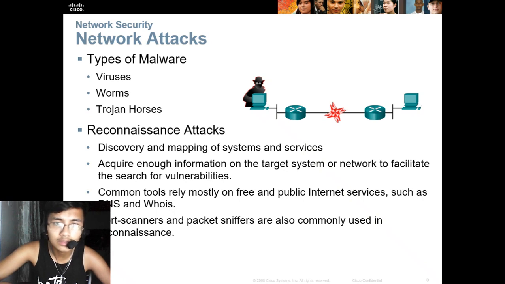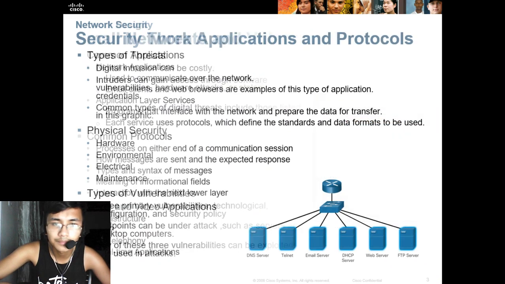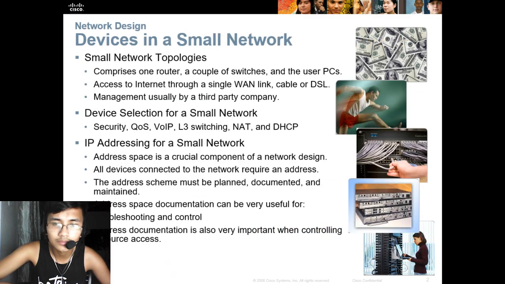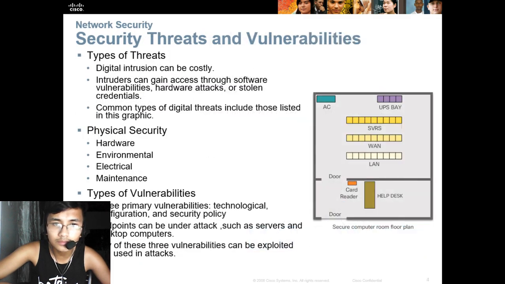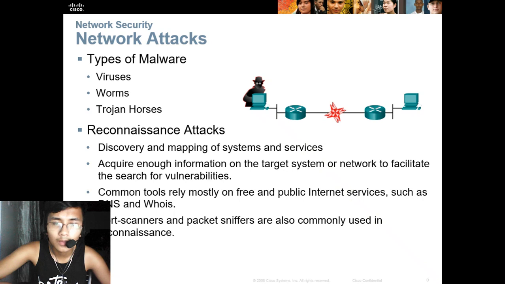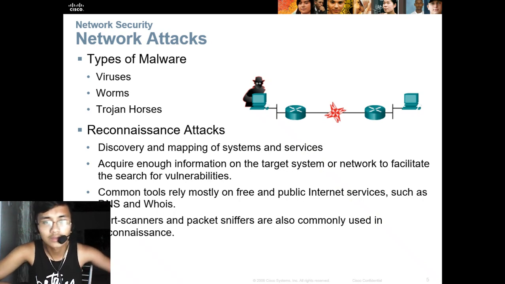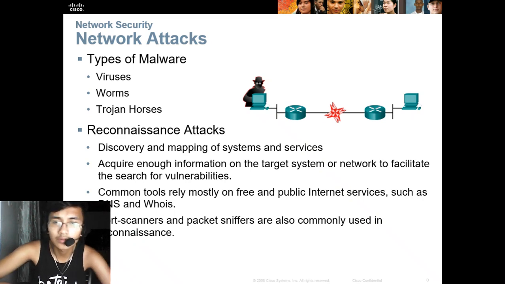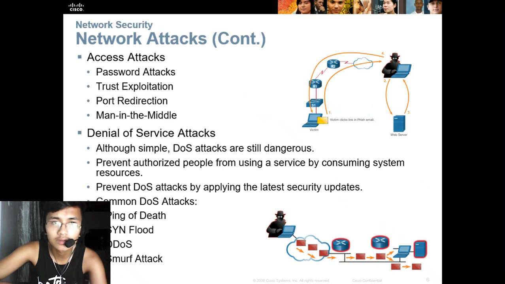Reconnaissance attacks: discovery and mapping of systems and services, to acquire enough information on the target system or network to facilitate the search for vulnerabilities. Common tools rely mostly on free and public internet services such as DNS and whois. Port scanners and packet sniffers are also commonly used in reconnaissance.